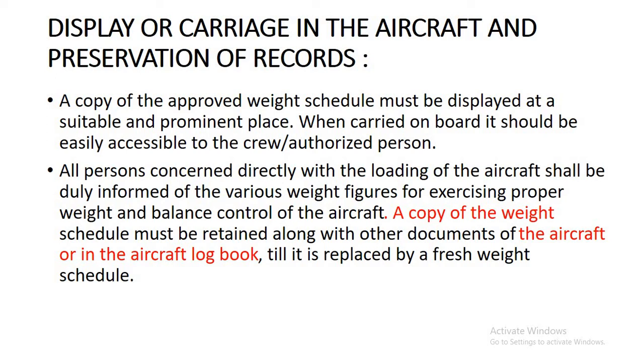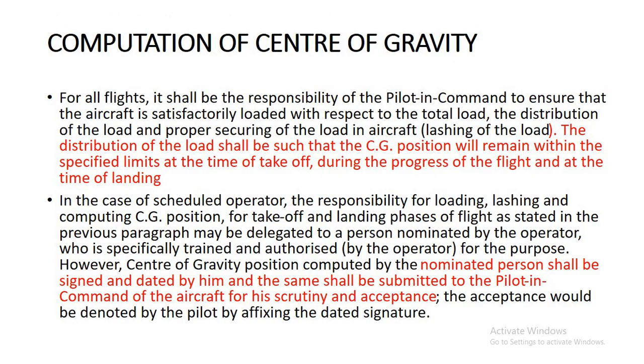It should be kept in a prominent place in the aircraft where a crew or authorized person can access it, and a copy should be kept in your aircraft logbook or any other document which you normally carry in the flight till you replace that document with a new weight schedule.